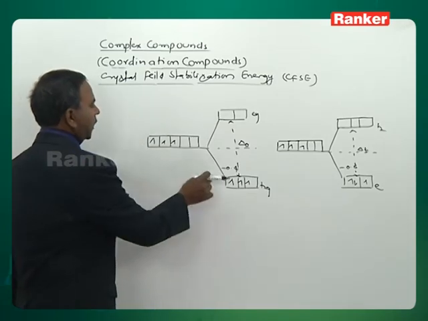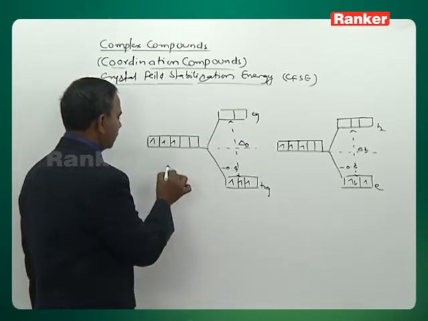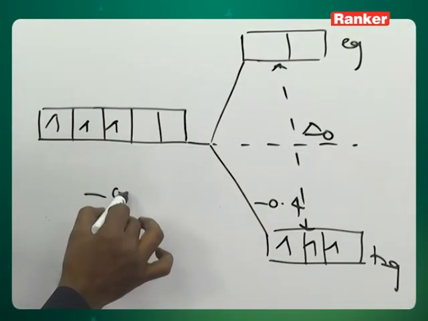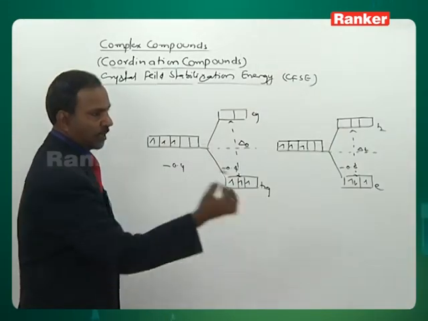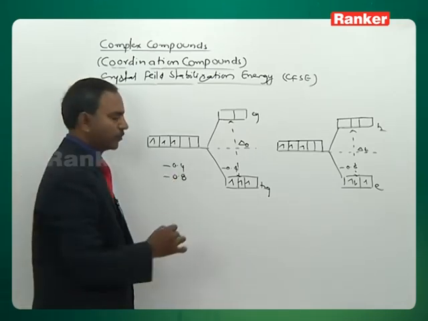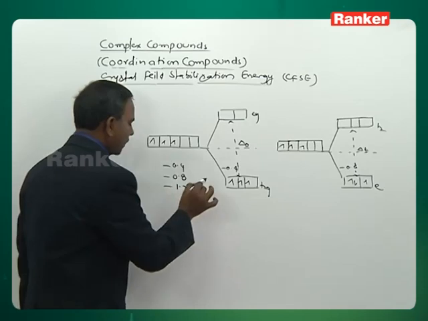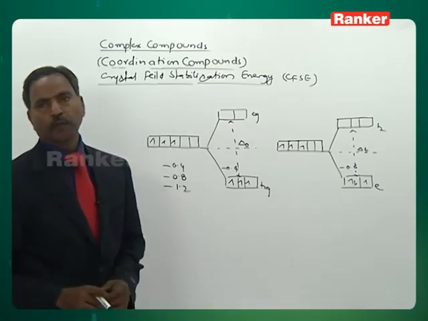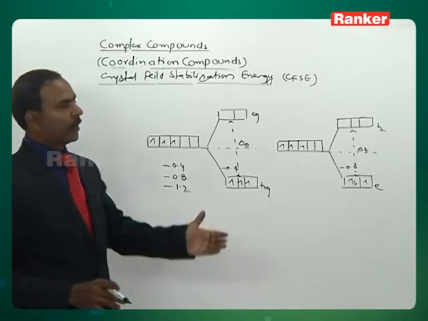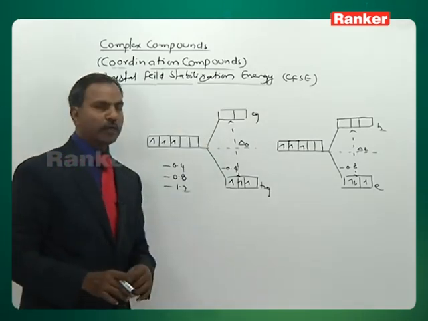Once the electrons are entering into the lower energy level, in the case of octahedral, one electron is entering, then it is stabilized by minus 0.4 times. Second electron is entering, it is stabilized by minus 0.8 times. And third electron is entering, it is stabilized by minus 1.2 times. In the case of octahedral geometry, electrons are entering into lower energy level t2g orbitals.